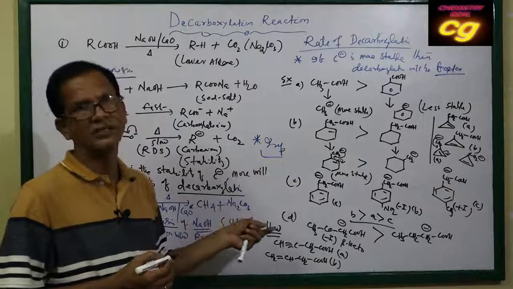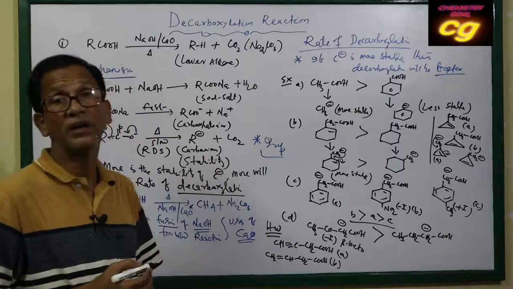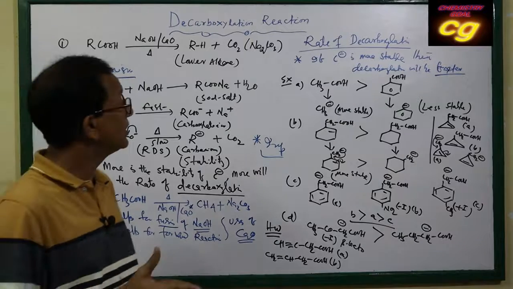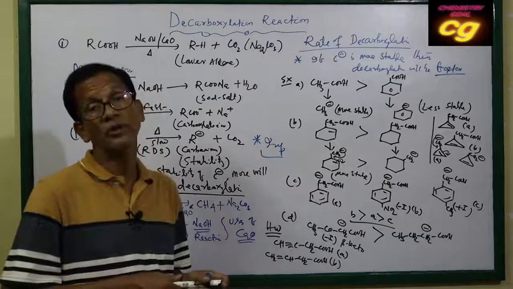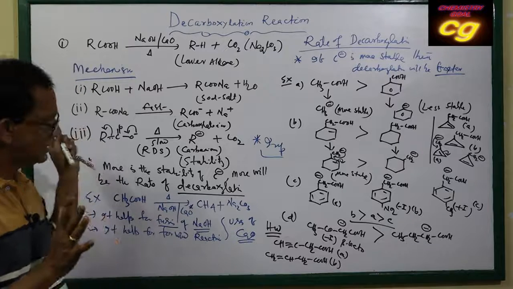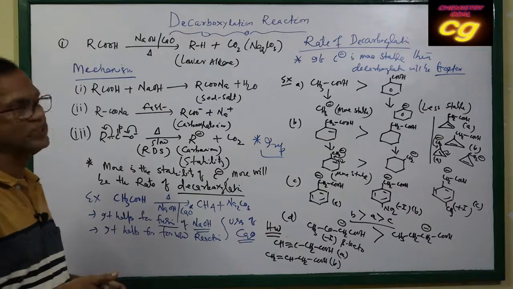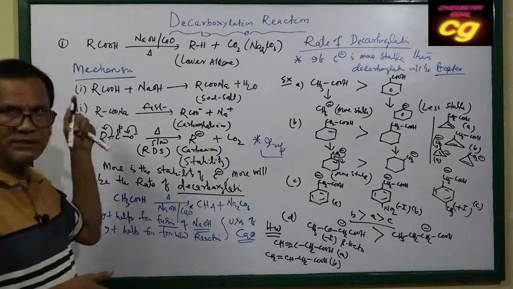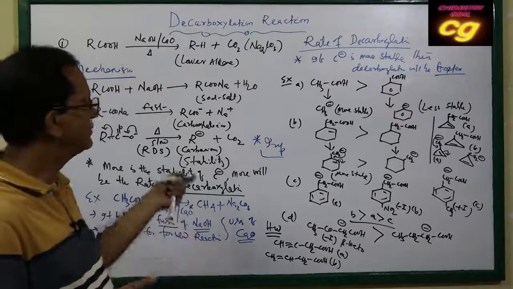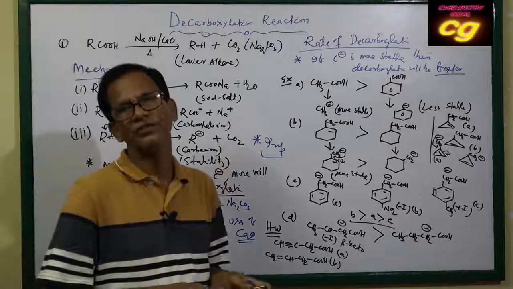In which case the stability of the carbanion is more, the more will be the rate of decarboxylation. Okay, so this is about decarboxylation reactions, their mechanism, and the factors for the rate of decarboxylation.